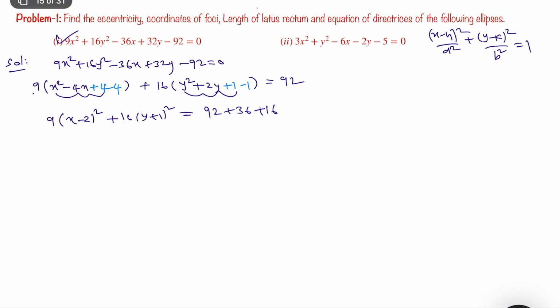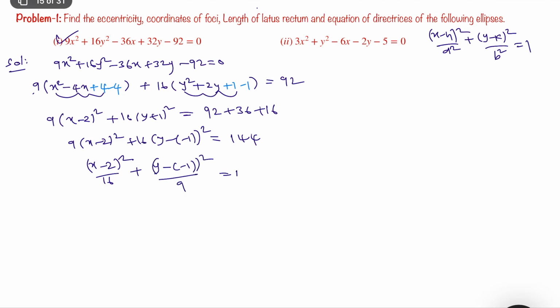So now we have 9 times x minus 2 whole square plus 16 times y minus of minus 1 whole square, and this one is going to be 144. If I divide by 144 on each side, then I will have x minus 2 whole square by 16 plus y minus of minus 1 whole square by 9 equal to 1.